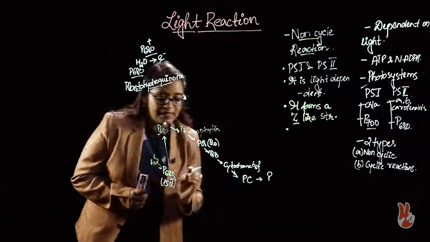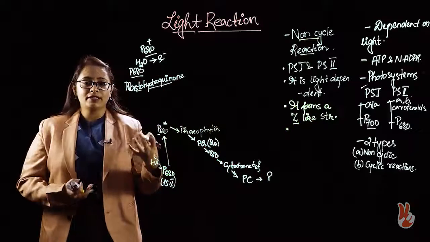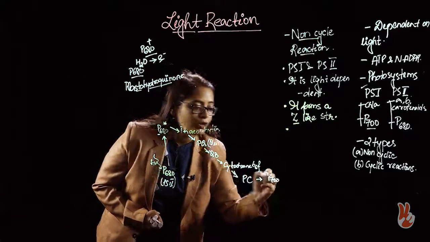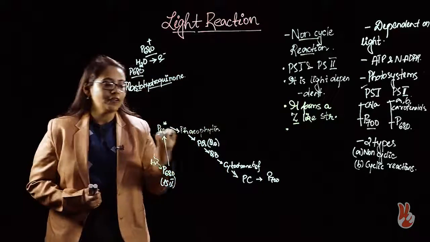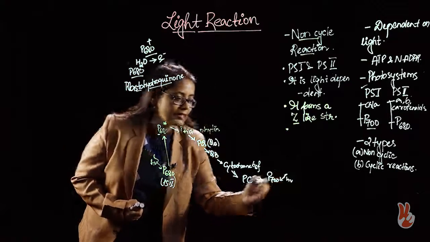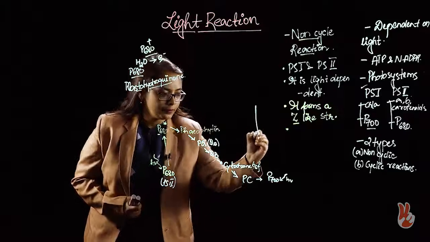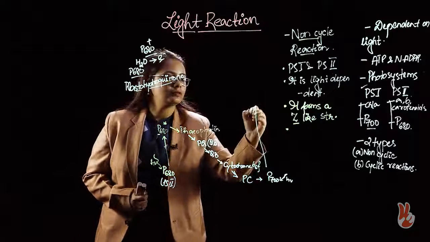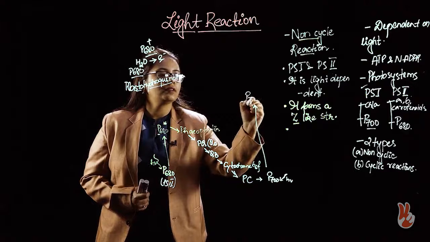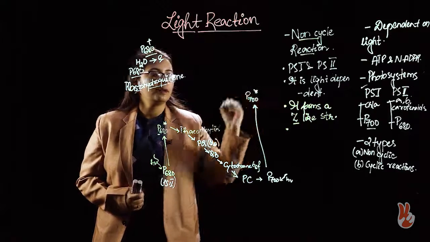Just like the P680 molecule is absorbing sunlight, similarly the P700 molecule will also simultaneously receive light, as a result of which it also gets excited and will form P700 plus.